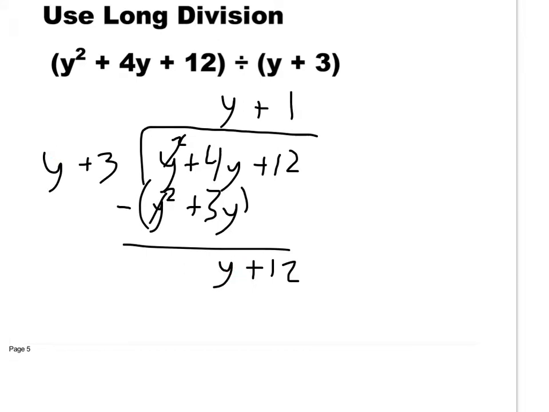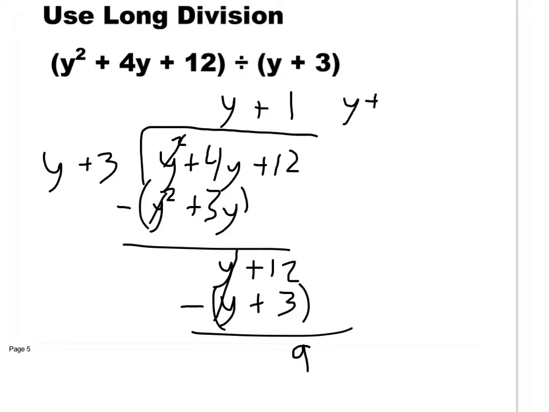No. So I times by 1, and I put y plus 3 on the inside, which I'm going to subtract. So what is y minus y? 0, right? Cancels out. What's 12 minus 3? 9.